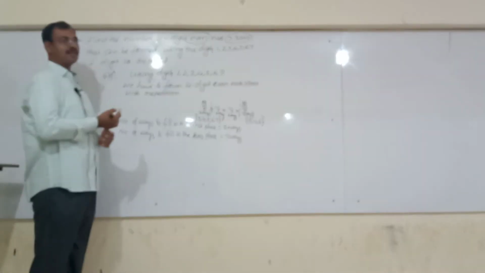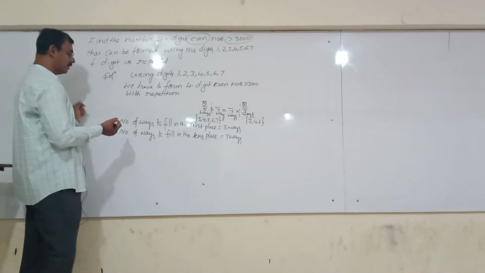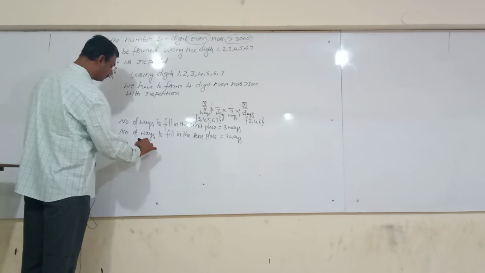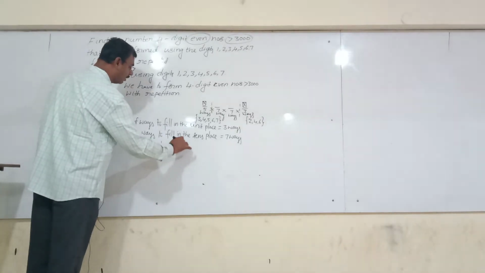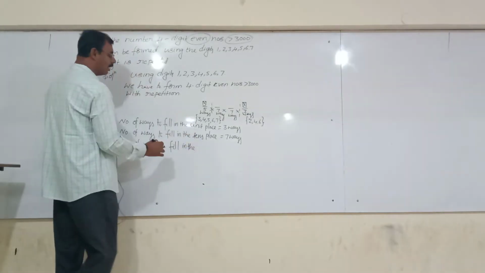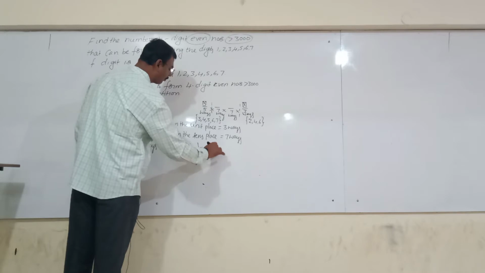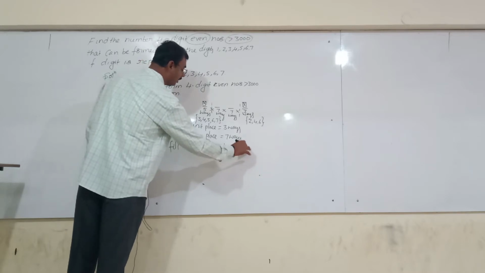Because repetition is allowed, so we reuse the same numbers. Similarly, number of ways to fill the hundreds place is equal to 7 ways.